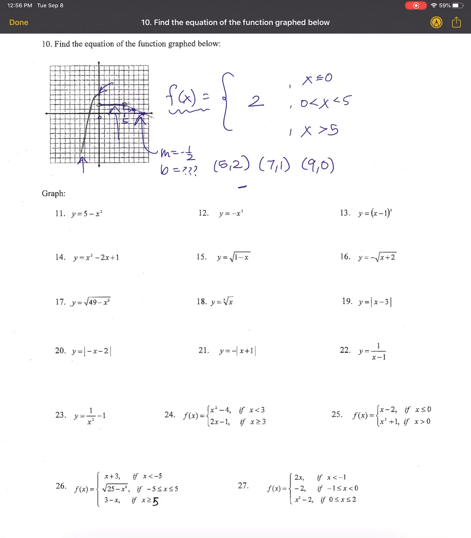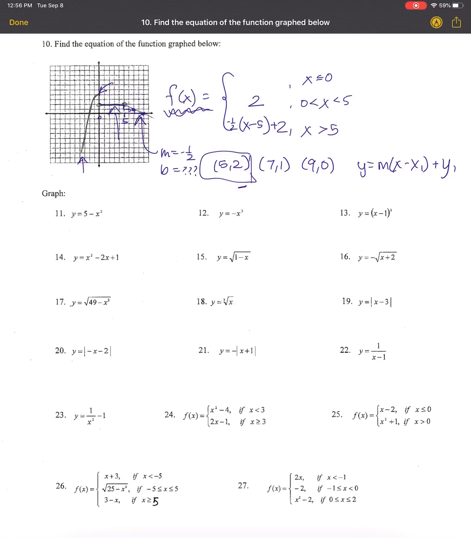The reason I like this equation so much is because look in this particular situation, how easy it is to write the equation of my line using that notation. So I don't need the y equals because I have my y equals out front, just like before I said. And I'm going to do y equals m, so -1/2, times x minus the x coordinate. And I'm just going to use this one, plus my y coordinate. And I don't have to simplify it. I don't have to do extra work.